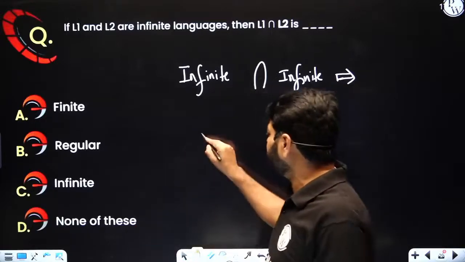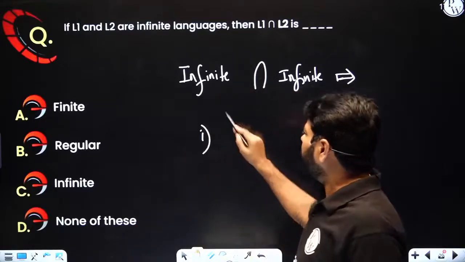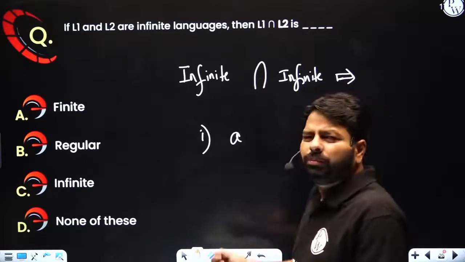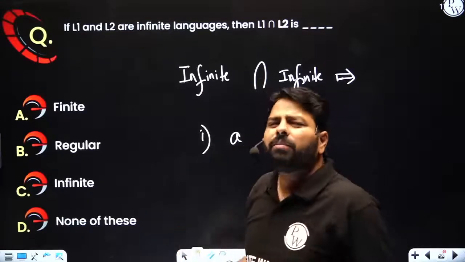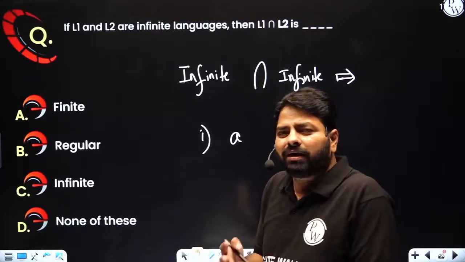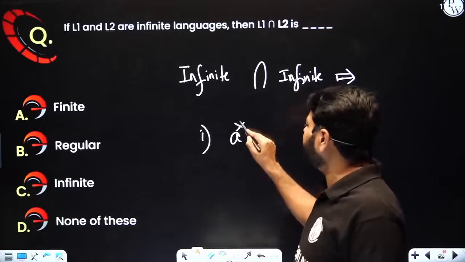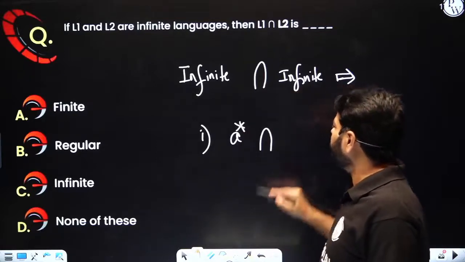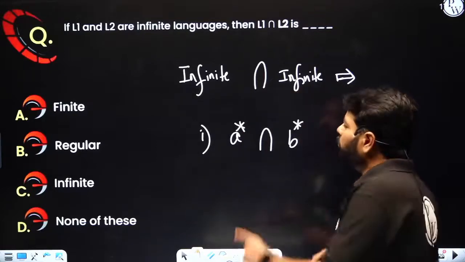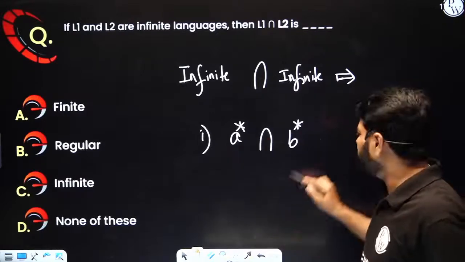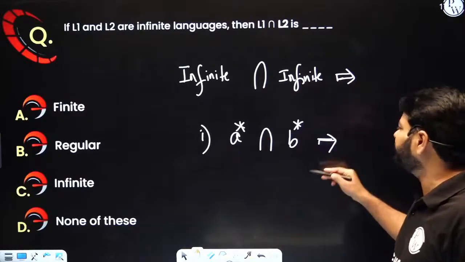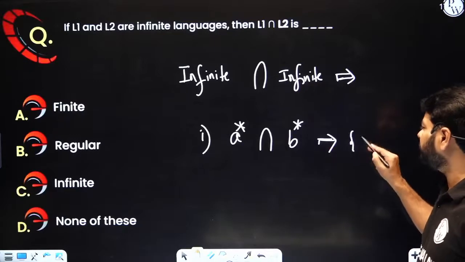Yes, I'm just giving an example to help you. One of the infinite languages, infinite you may take regular or non-regular, we don't care, but we are very good now with the regular languages. So I'll just help with A star intersection B star. Both are infinite, but that will not guarantee the result is infinite. The result is just epsilon.